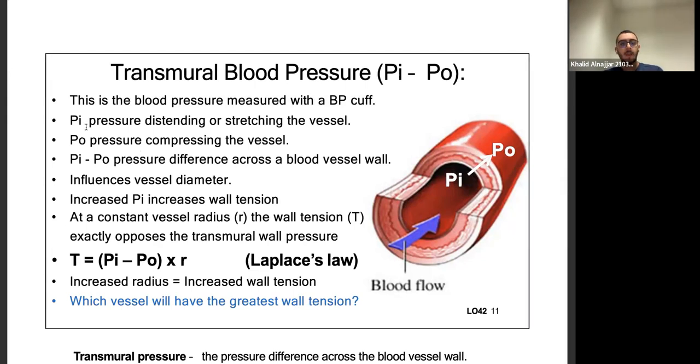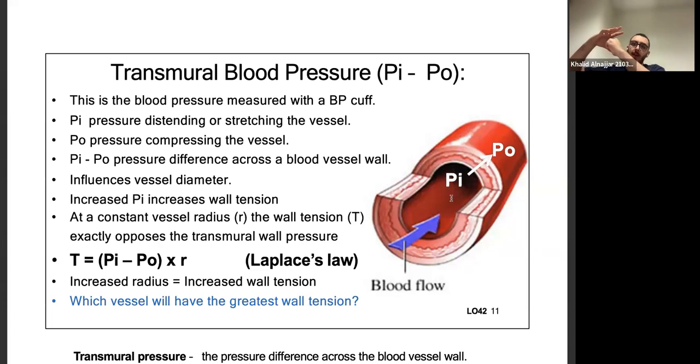Okay. So I want you to think with me. The pressure inside the vessel is trying to push the walls apart, and the pressure outside the vessel is trying to compress the wall. So it's like there are two opposite forces.